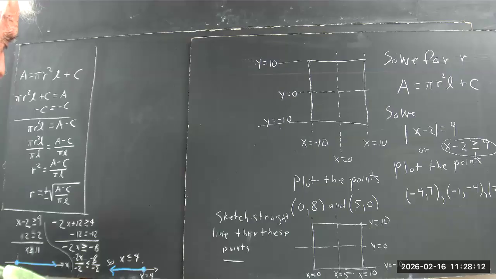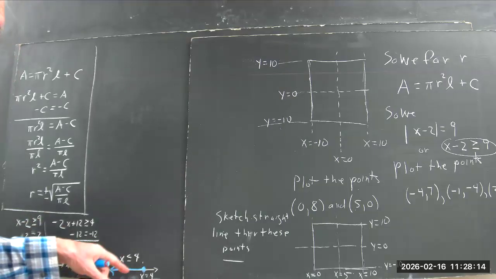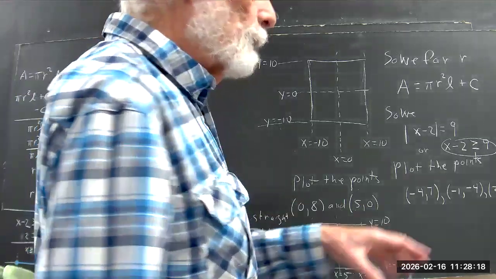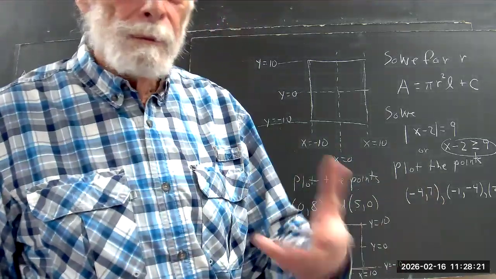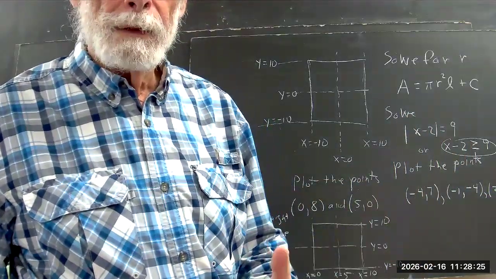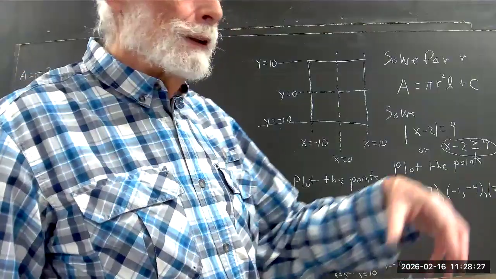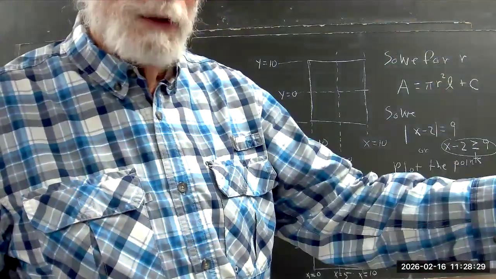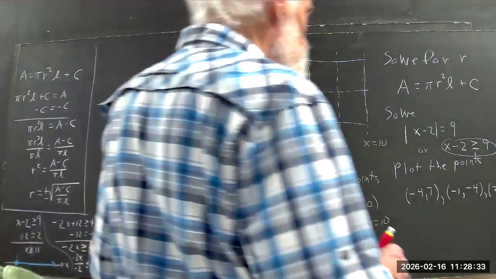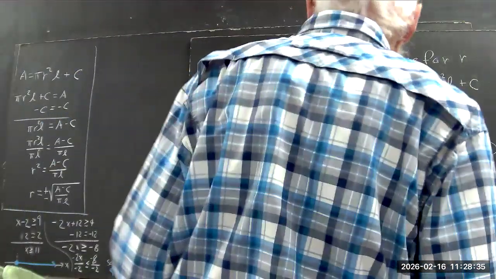Okay. And I think everybody's going to be all right with this. But be sure you remember about reversing the inequality when you multiply or divide by a negative. Adding or subtracting a negative doesn't do anything to the sign, but multiplying or dividing by a negative reverses the sign of the inequality.